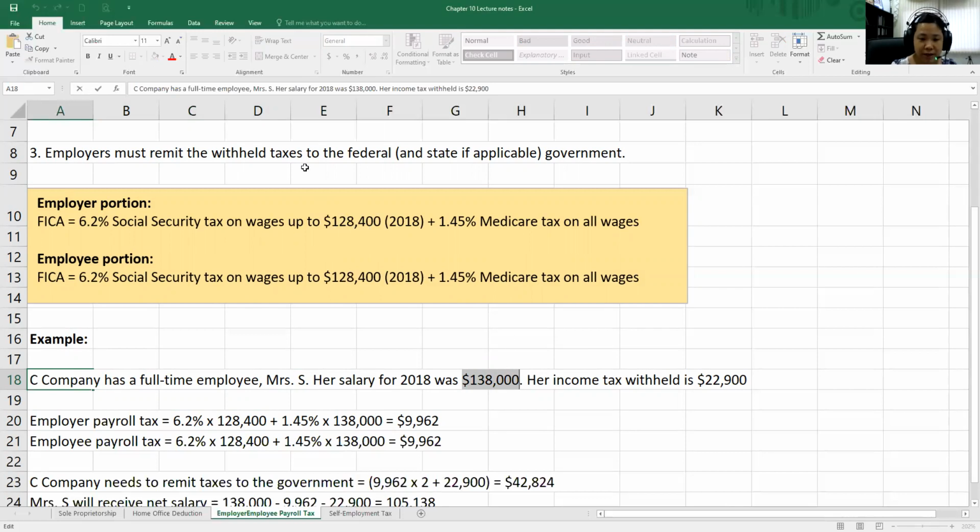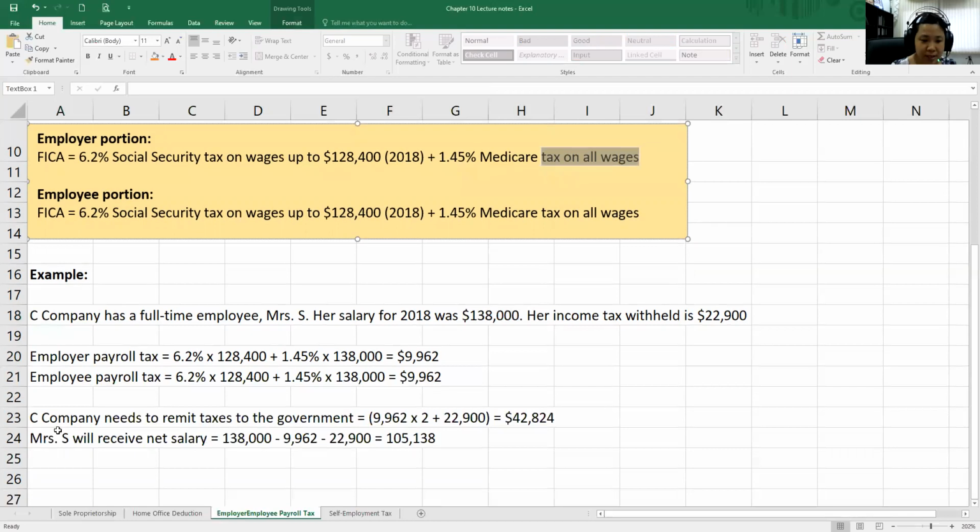But if her salary is less than that, then you should multiply the salary. And then you add 1.45% times all wages, so it will be times 138,000, and that will give you 9,962. The employee payroll tax is going to be the same.